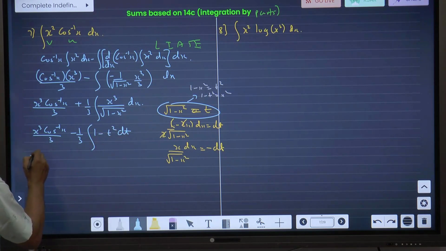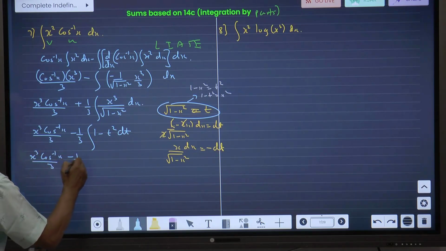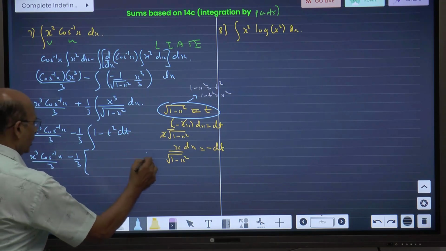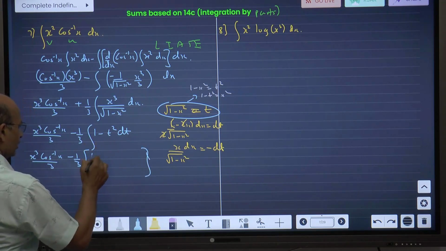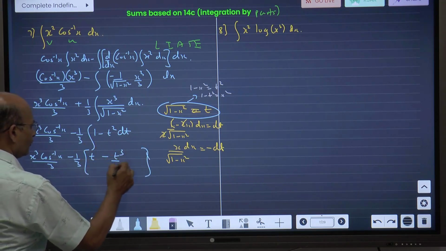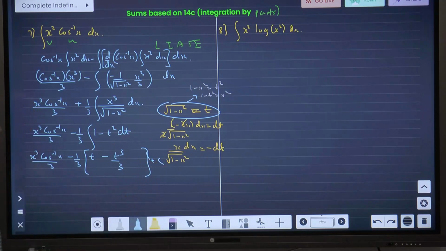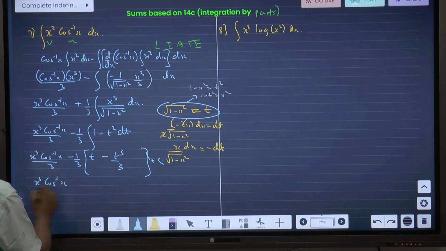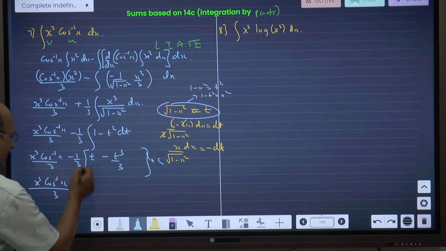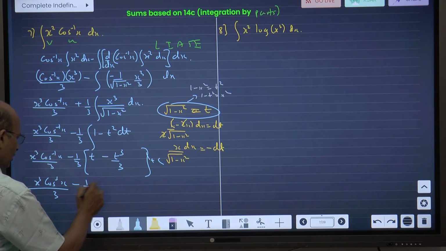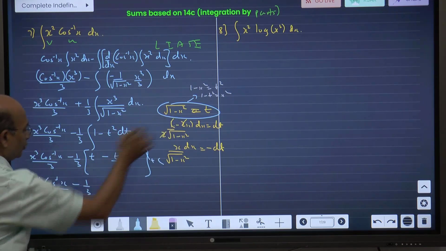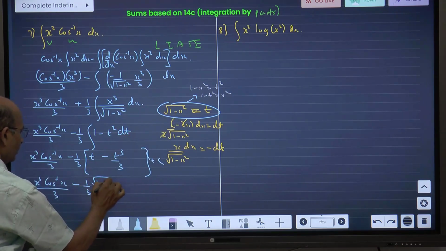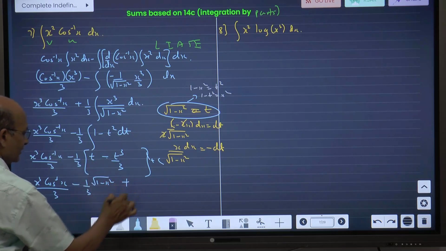So this will become x cube cos inverse x upon 3 minus 1 by 3 integral 1 dt is t minus t cube by 3 plus c. Now replace t. So this will become x cube cos inverse x upon 3 minus 1 by 3, t is nothing but root of 1 minus x square, minus of minus is plus.